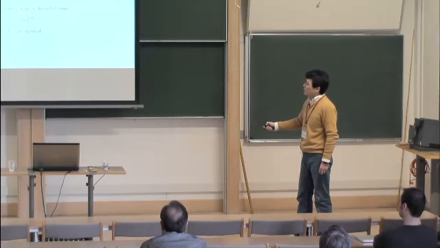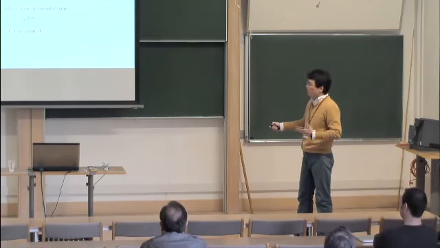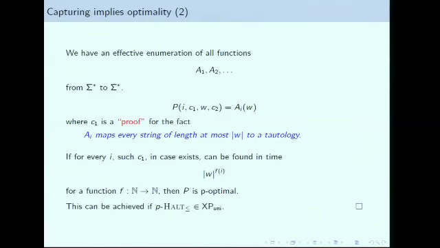If such a proof C1 exists, it can be found in time the length of W to the power of some function of I, and then P can be shown to be P-optimal. I can only say that this can be achieved in case this halting problem is in XP uniform. In fact, this problem can easily be turned into a problem quite similar to the halting problem.